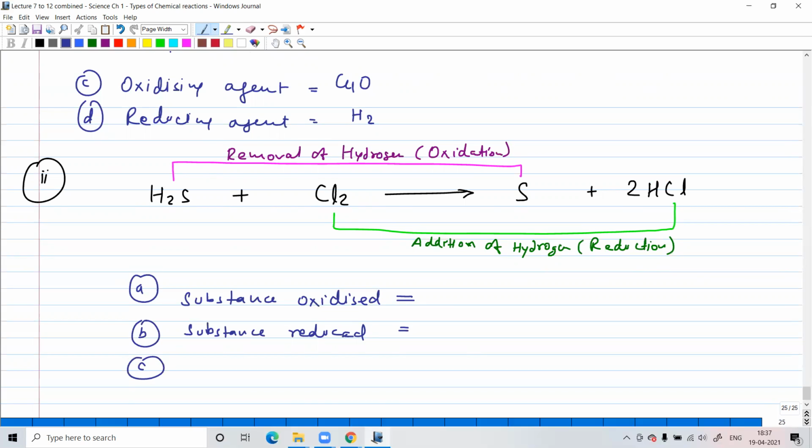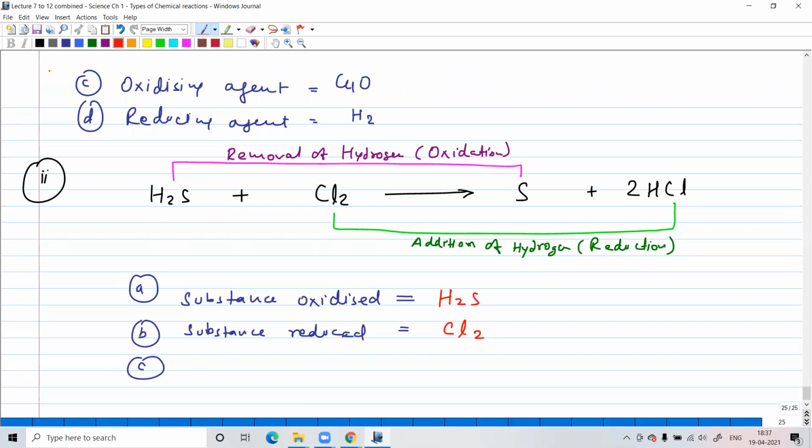Okay, hydrogen sulfide, is that correct? Everyone agrees? Yes, sir. So this got oxidized. And what got reduced? Chlorine, Cl2.